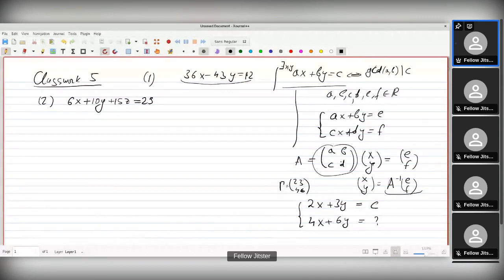Let's call it B. 0. Twice 6 minus thrice 4 is 0. So that means that its rows are linearly dependent. You can obtain one equation by multiplying the other one by 2. Do you agree?